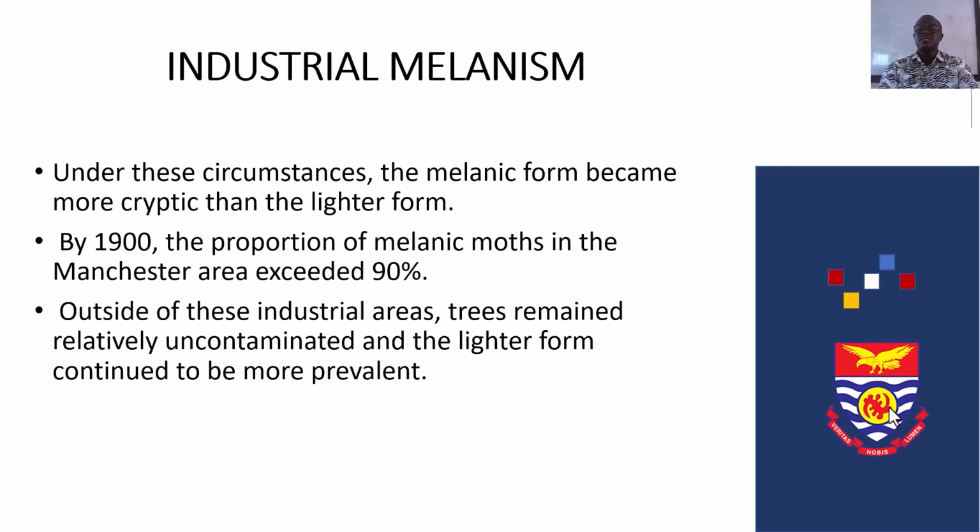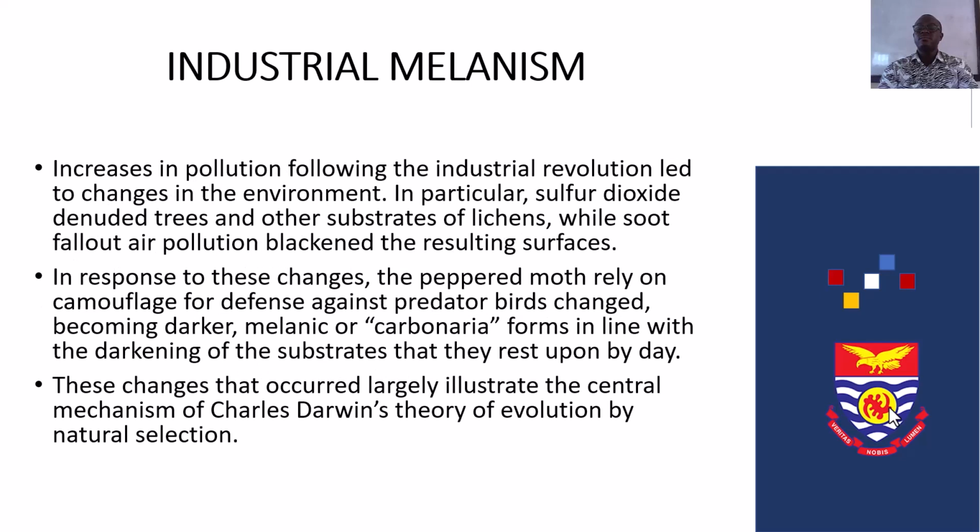Under these circumstances, the melanic form became more cryptic than the lighter form. By 1900, the proportion of melanic moths in the Manchester area exceeded 90%. Outside of these industrial areas, trees remained relatively uncontaminated and the lighter form continued to be more prevalent.